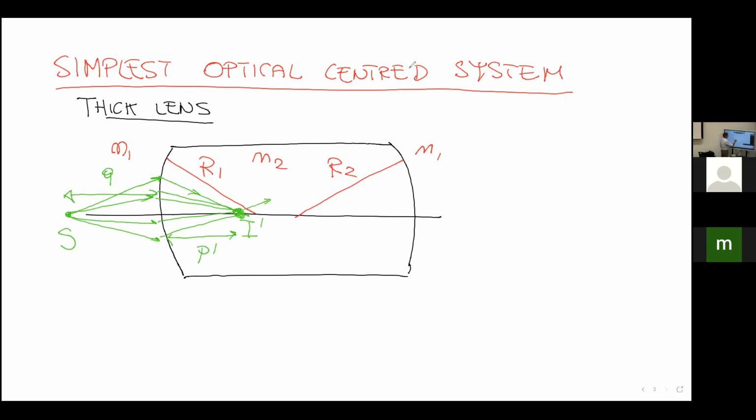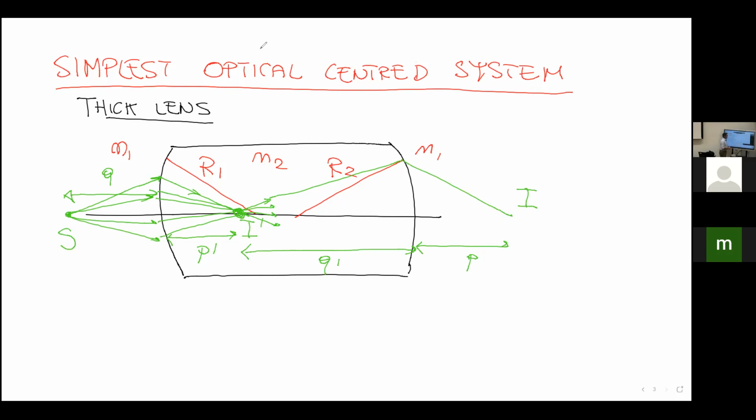So the rays will continue like this, and they will be sent by the second diopter to a point that we name image. And of course, I can relate this Q prime and this P prime. Let's call it P, not P prime.